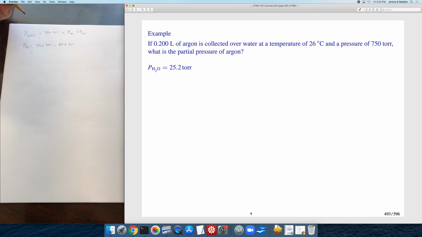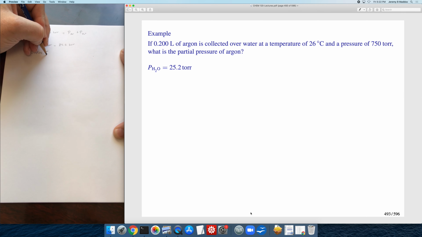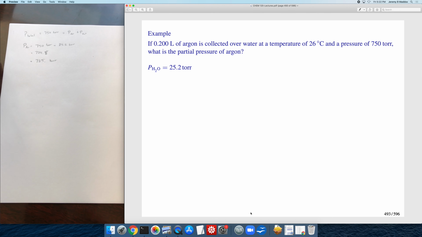And I'm getting 724.8, so we'll round that up to 725 torr. So that's the partial pressure of the argon in that mixture.